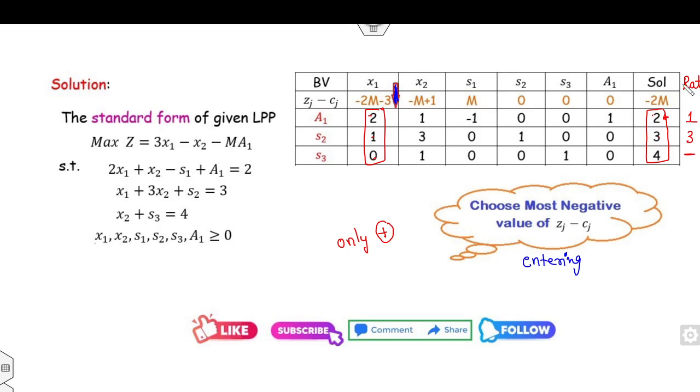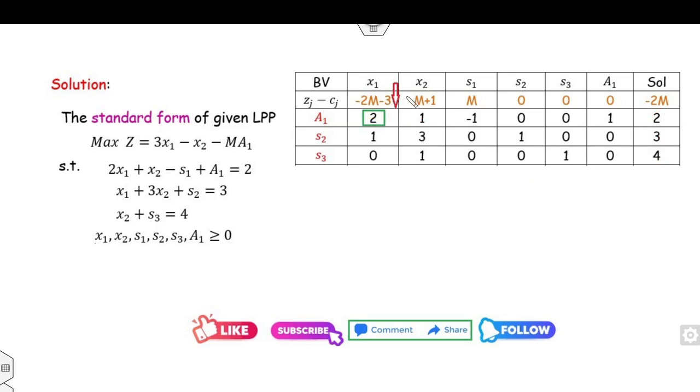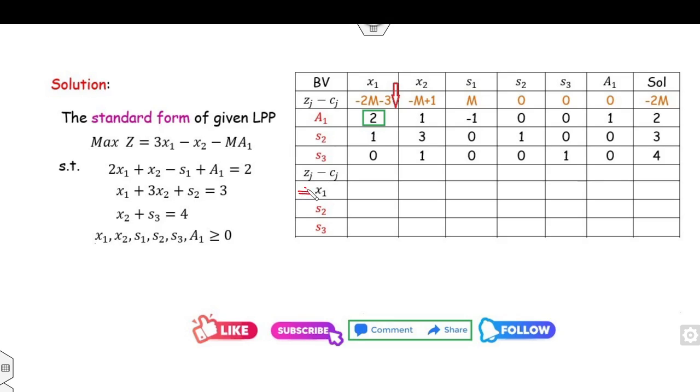Which one is the minimum ratio? It's 1. So that means you have to leave this row and enter this one. This is my entering variable. This is my leaving variable. So the value 2 is my pivot element. So you can replace this A1 and, instead of A1, write x1.